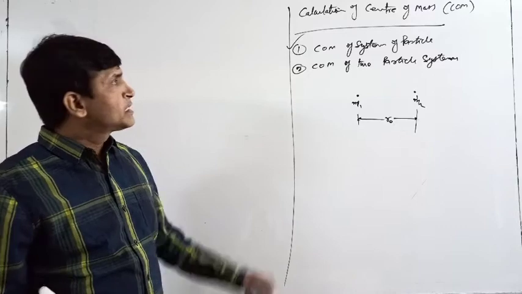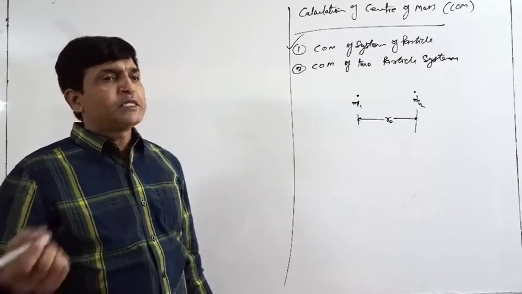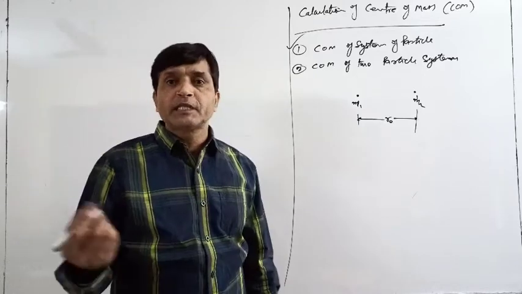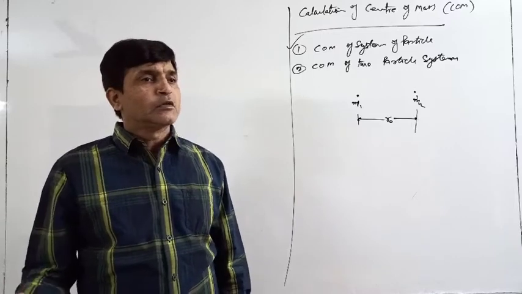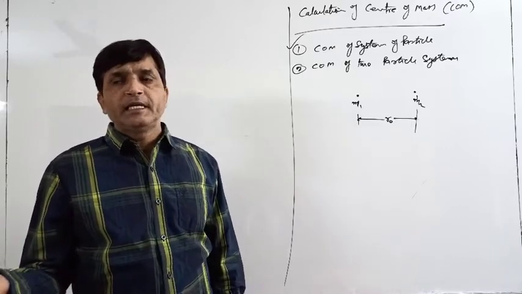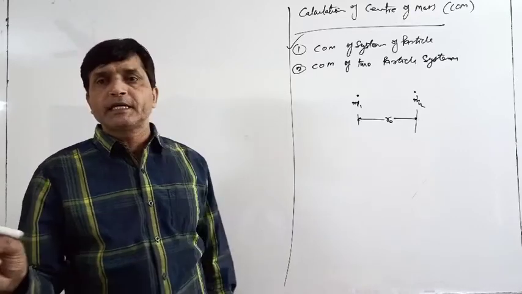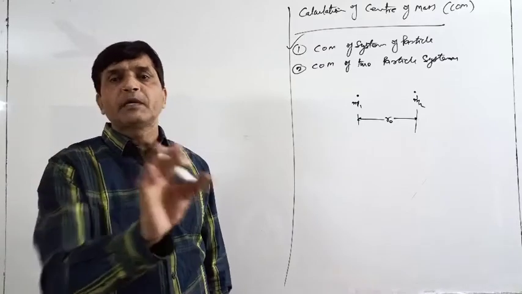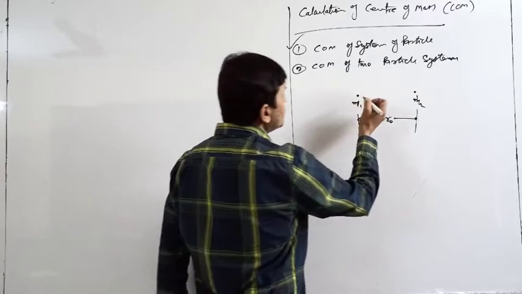The method is the same as we have done in the first case. Position of center of mass always depends on the reference point, so first we have to decide the reference point. You can take it anywhere, but here it is convenient to take the reference point at one of the masses itself.